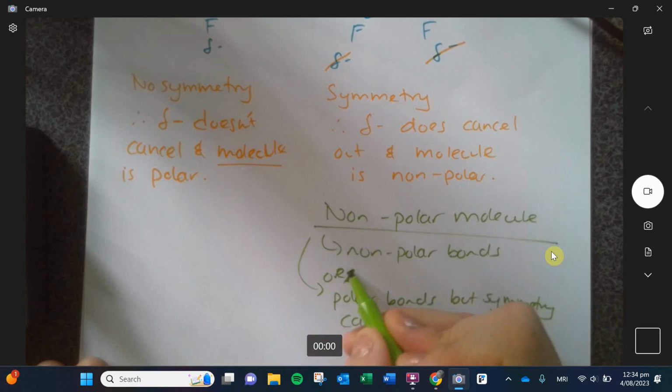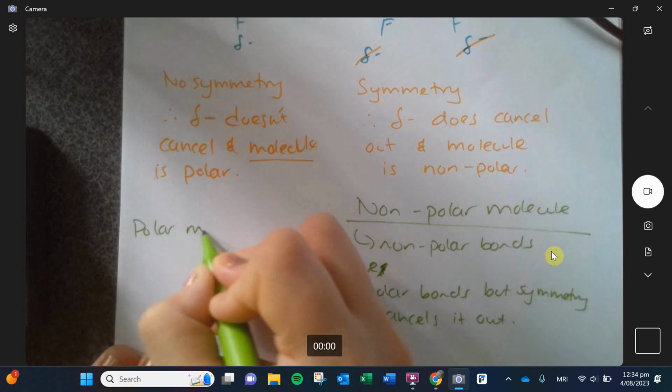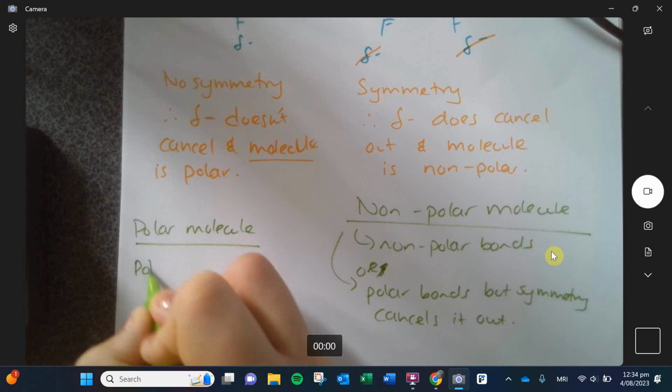So those are the two instances that I would get a non-polar molecule. If I have a polar molecule, it needs to have polar bonds and no symmetry.